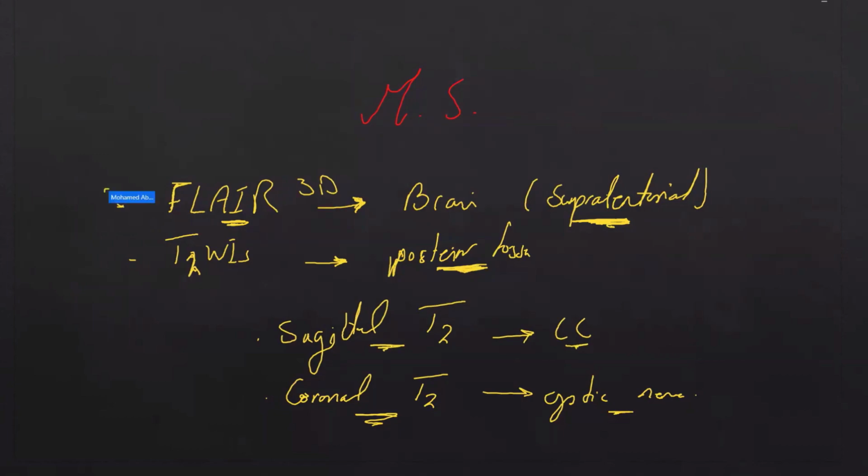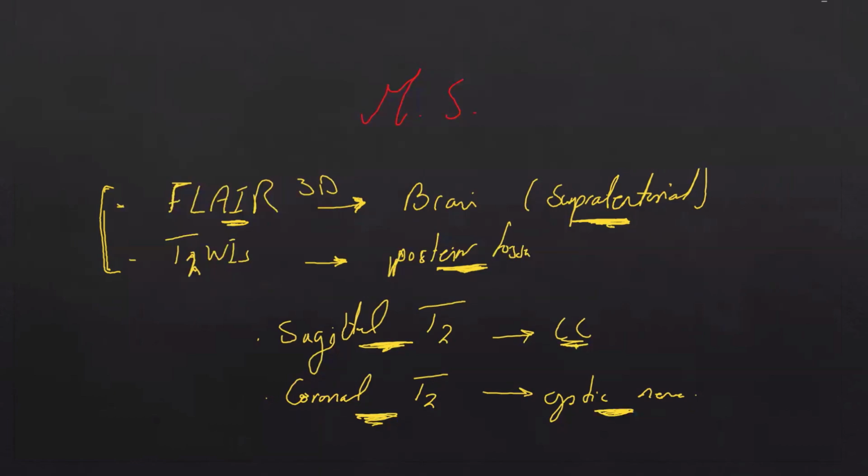Those are very important. Also, the T2-weighted image is very important to assess the corpus callosum, brainstem, and spinal cord. Coronal T2-weighted image is very important to assess the optic nerve.